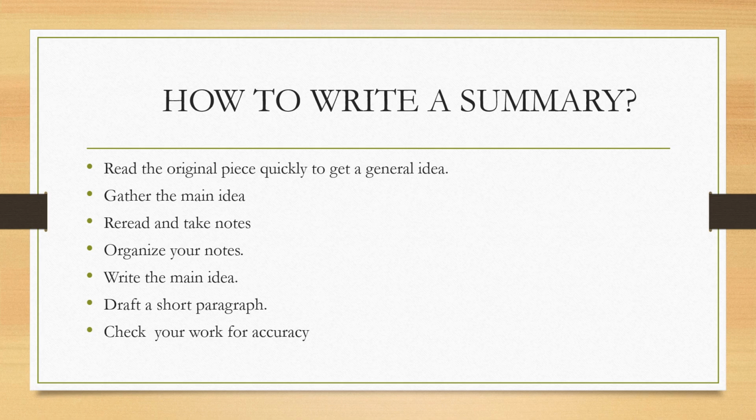That means you should see whether you have written correctly, whether the sentences are framed correctly and are grammatically correct. Check the spellings and check whether you have included all the important points in your summary before submitting.